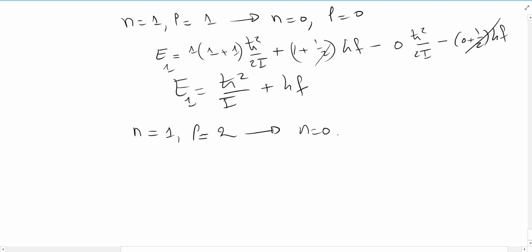Again, this is an emission because the final n is less than the initial, and L goes to 1. Again, this is allowed by the selection rule because L changes by 1, and n changes by 1. Delta n has to be at least equal to 1.